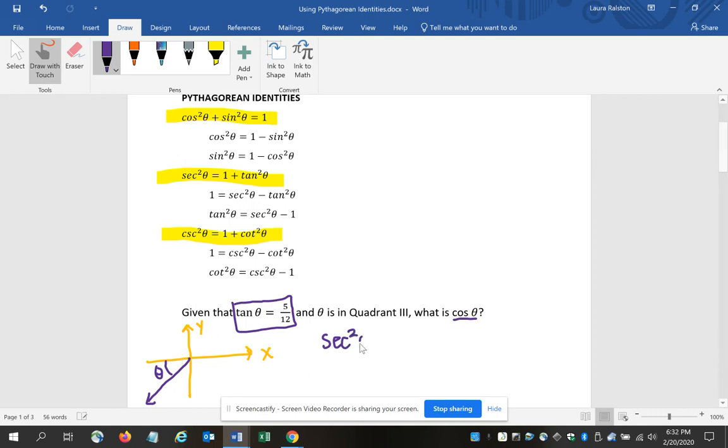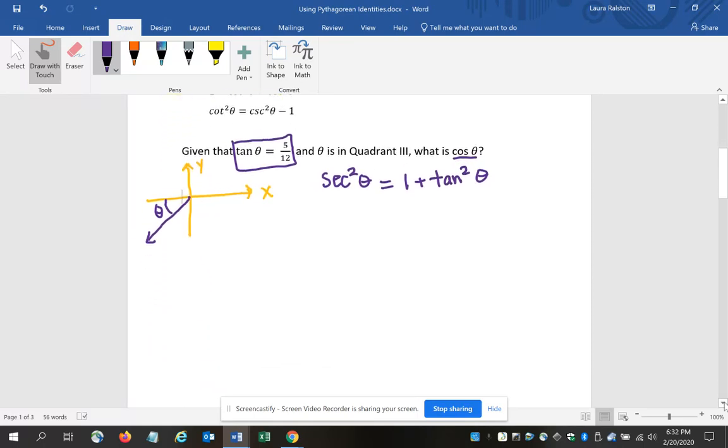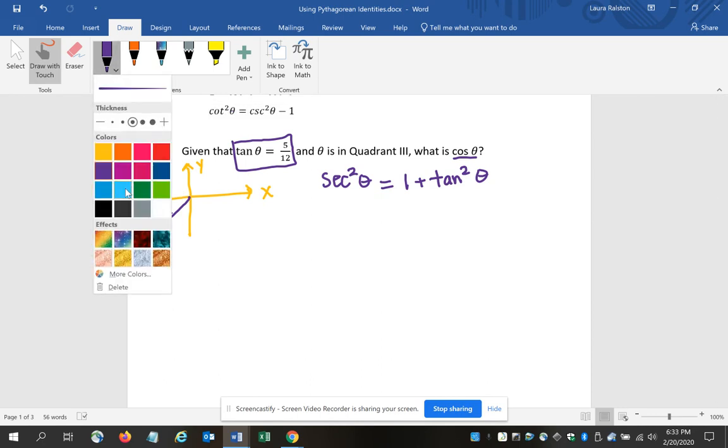Secant squared theta equals 1 plus tangent squared theta. And you may think, well, Ms. Ralston, that doesn't involve cosine. Well, no, it doesn't, but we can get there by using this particular identity. So once I identify the identity that I need, then it becomes a substitution problem.